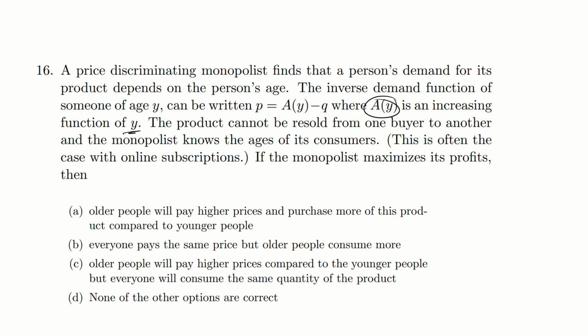The product cannot be resold from one buyer to another, and the monopolist knows the age of its consumer. So suppose I have a firm operating in a monopolist environment, and I know the consumer's age. The product cannot be resold from one buyer to another. Suppose you are buying the goods from me, then you can't sell to other persons.